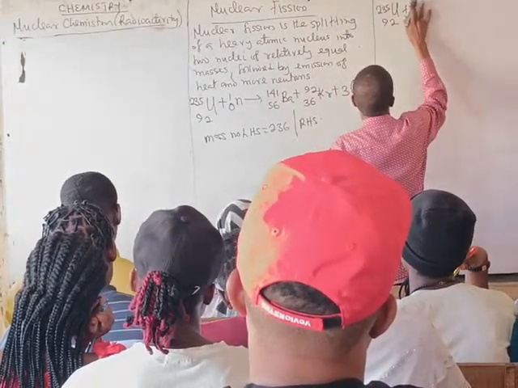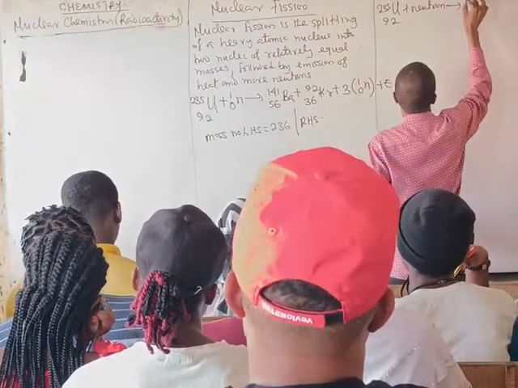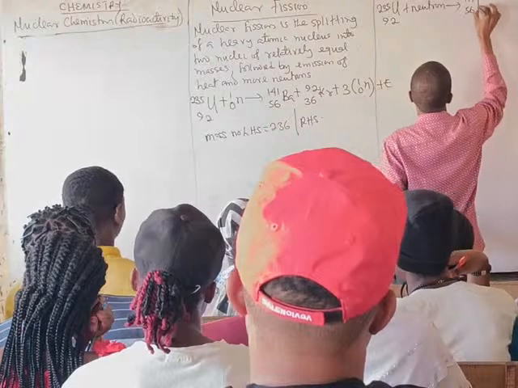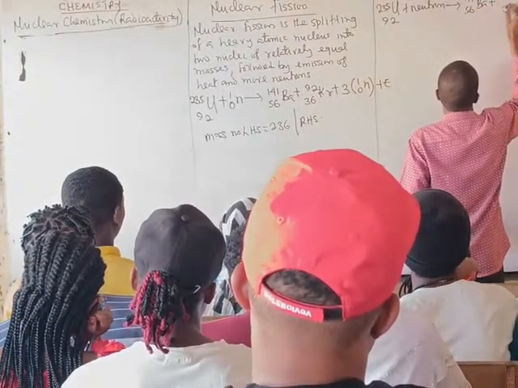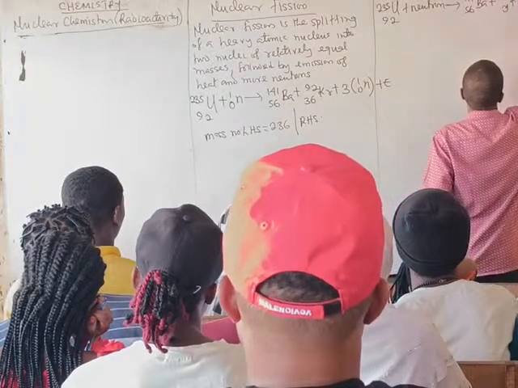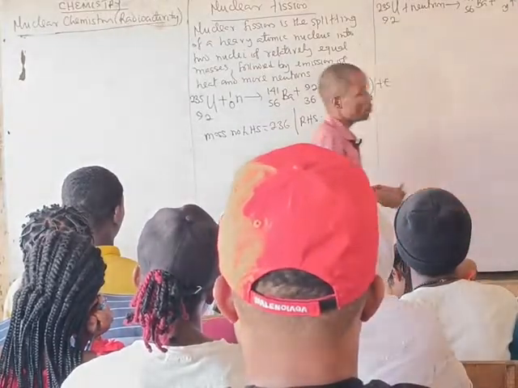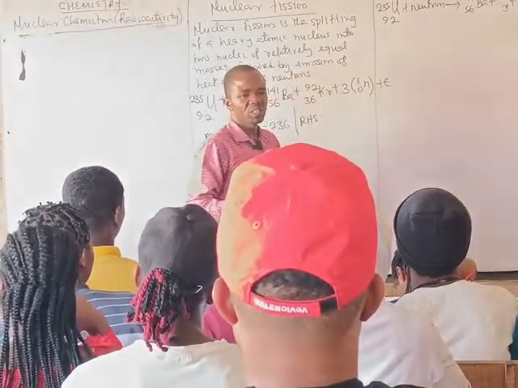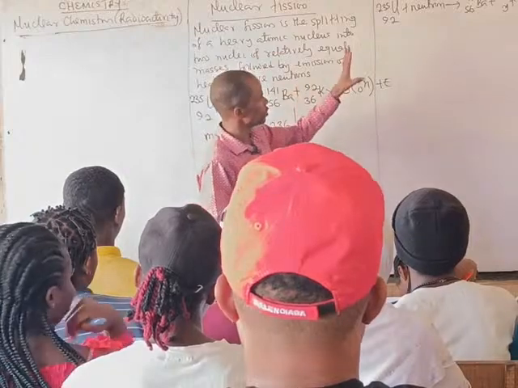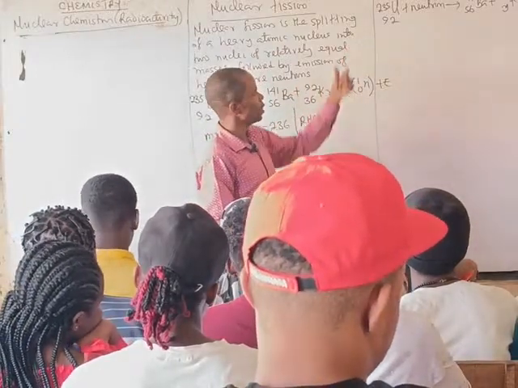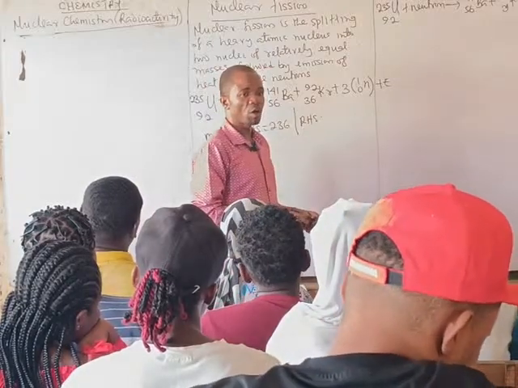As a matter of fact, instead of this, they will simply write neutron, then 141, 56 barium, then plus X, Y krypton, then plus 3 neutrons. And then the question will be, in the equation above, the respective values of X and Y are. So they expect you to use this equation to find out what will be the mass number, which is X, of krypton, and what will be the atomic number, which is Y, of krypton.